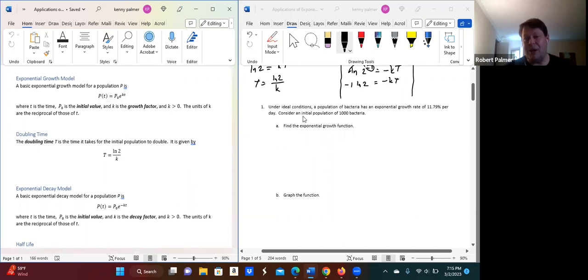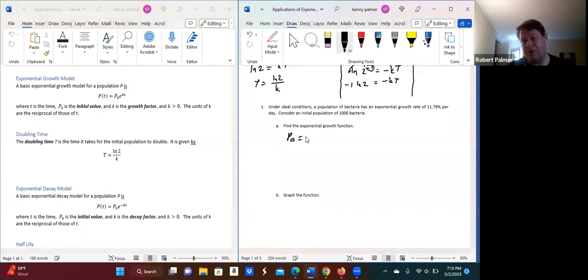Now our P0 is given by the initial population. So P0 is equal to 1,000. Now what's our K? Our K is given to us as a percent, and so we'll change that to a decimal. Move your decimal place 2 places to the left. And so that's going to be 0.1179.